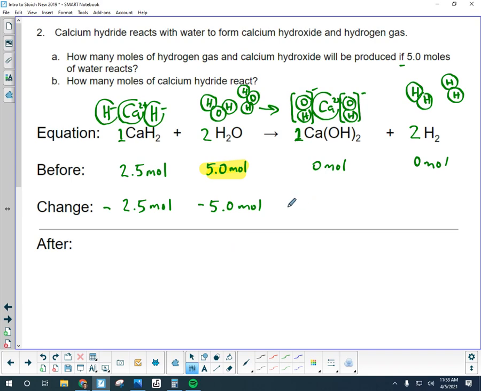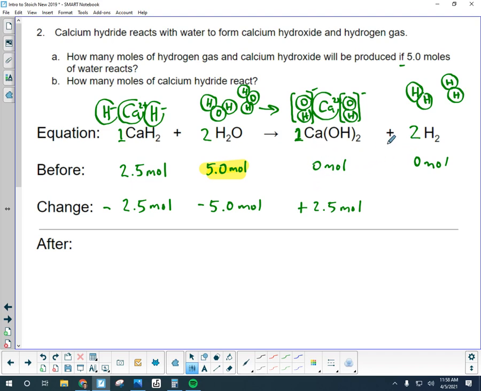And then the coefficients are reflected in the change line. So if I use up this much calcium hydride and this much water, the coefficient here is 1, and the coefficient here was 1. So those two should be equivalent in their mole amount. I'm going to make 2.5 moles of calcium hydroxide. This one has a coefficient of 2, so look at it a couple of different ways.